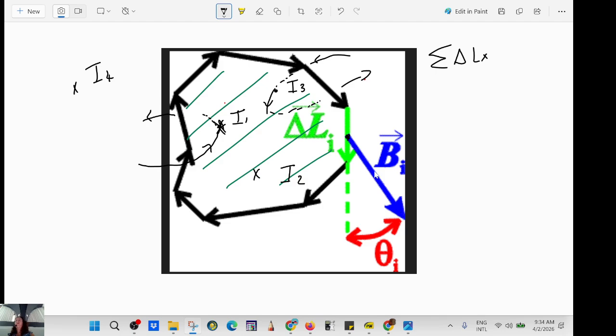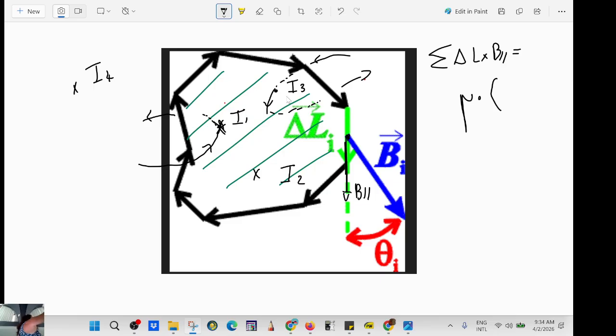But you're going to take only the component of the magnetic field parallel to that delta L. So that will be B parallel. Okay, it's going to be equal to mu 0, which is the magnetic constant, and then the sum of the current poking through.